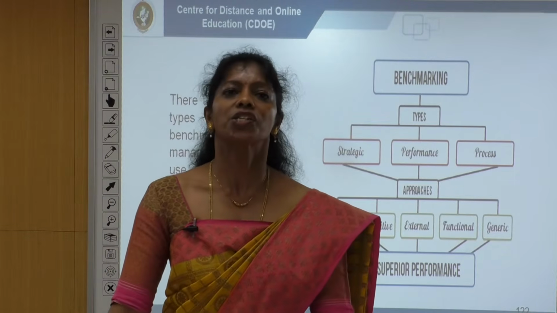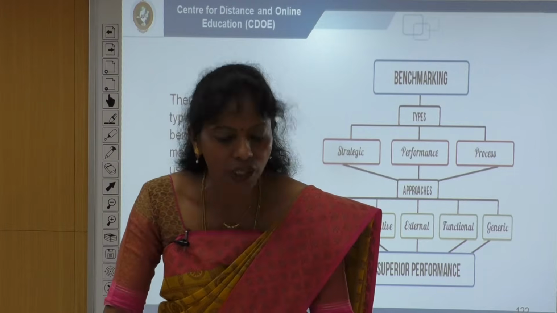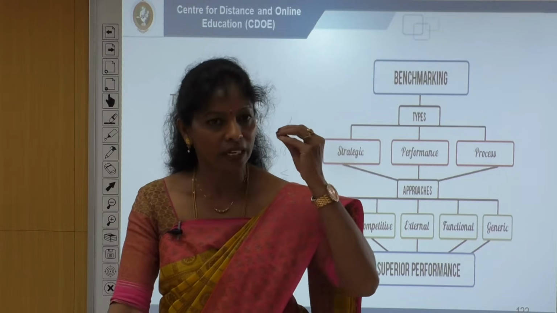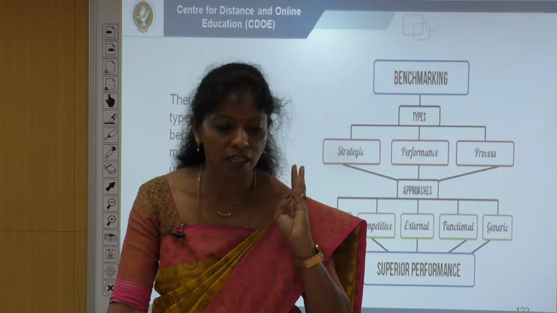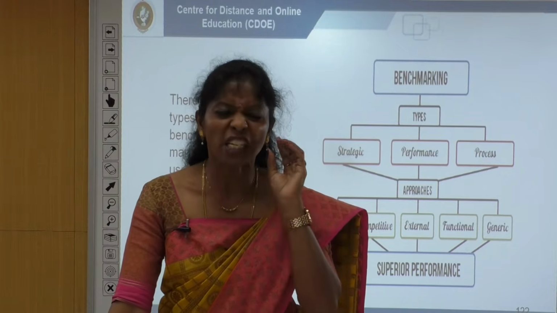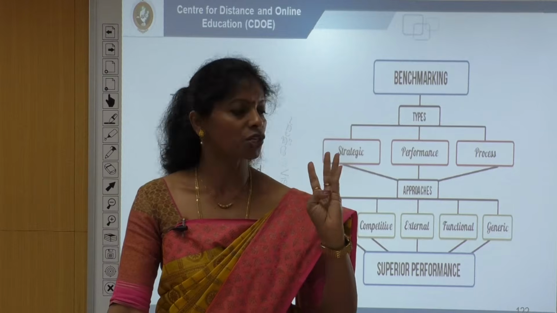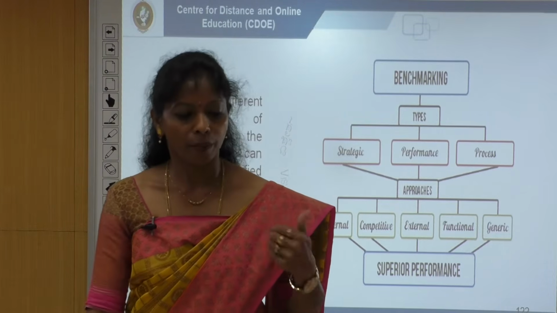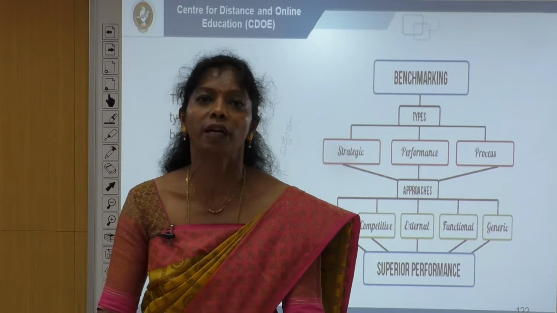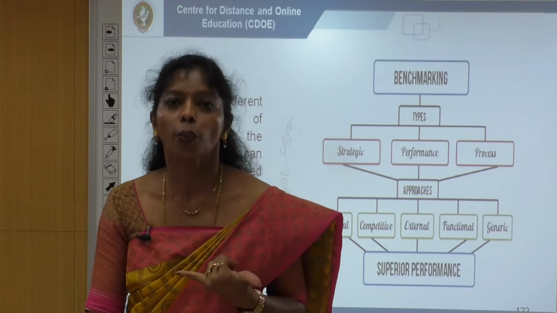Organizations use benchmarking to set performance targets and goals based on industry benchmarks, best practices, and competitors' performance. By benchmarking against the top performers, organizations can establish ambitious yet achievable targets that drive performance improvement and innovation.